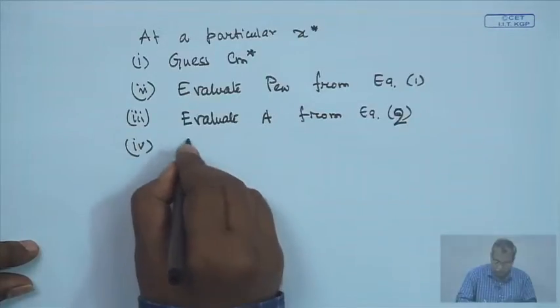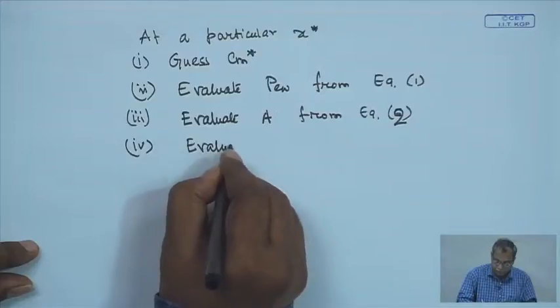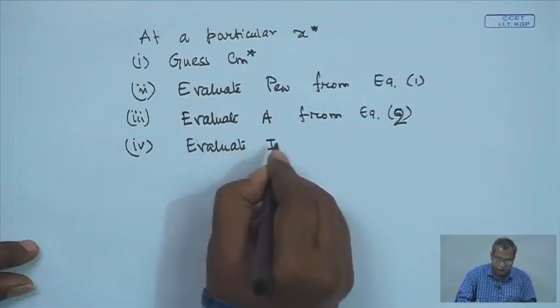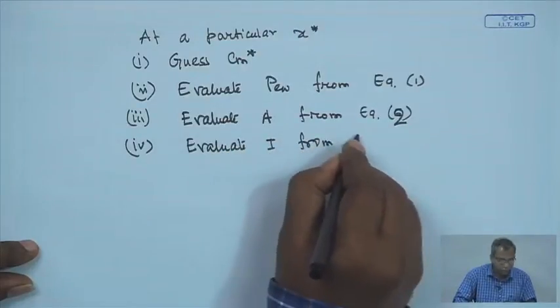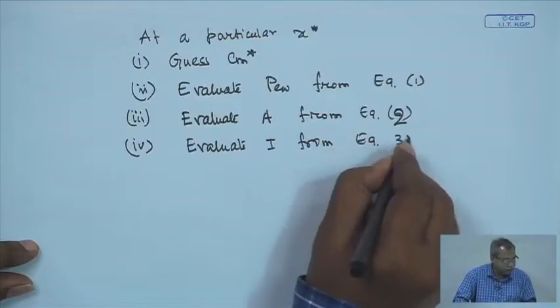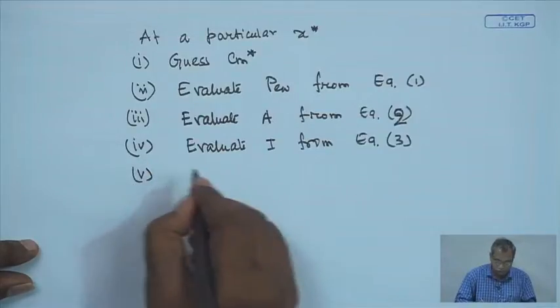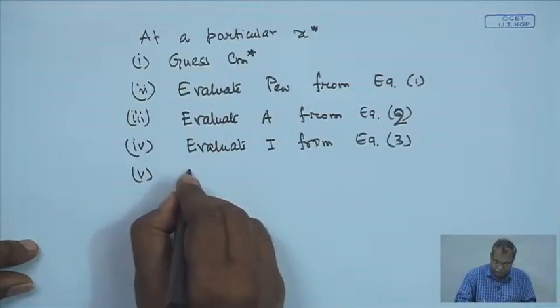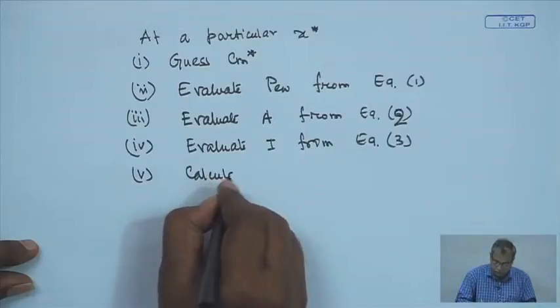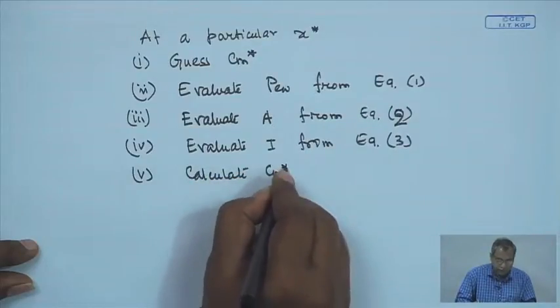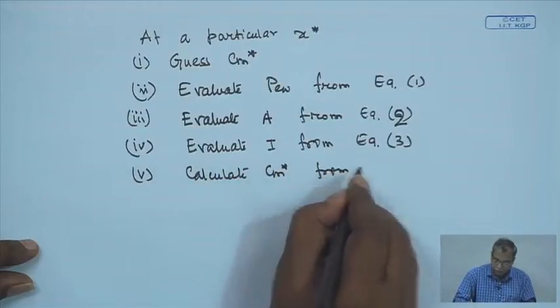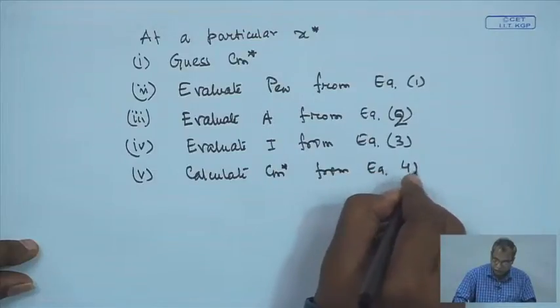a position to evaluate the definite integral I from equation 3. Once we evaluate the definite integral I from equation 3, then we can calculate Cm star from equation 4.